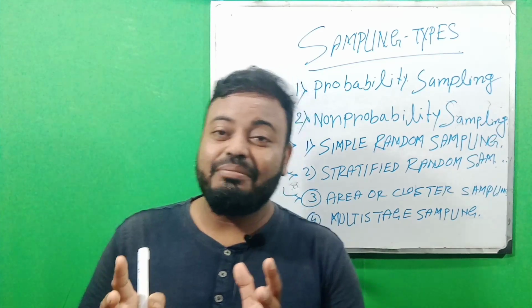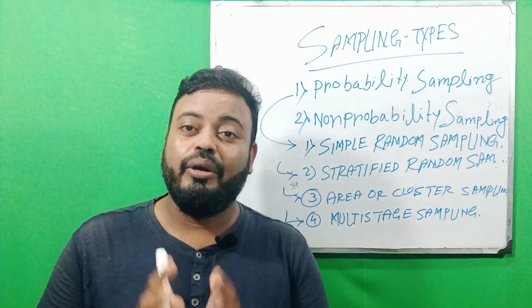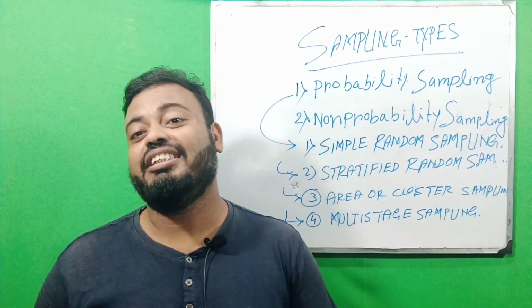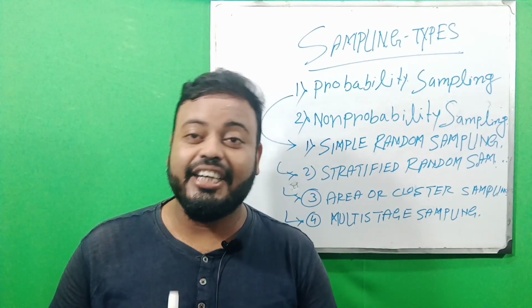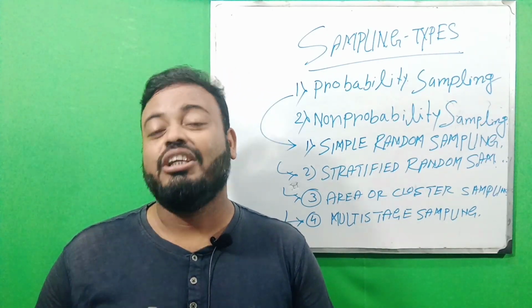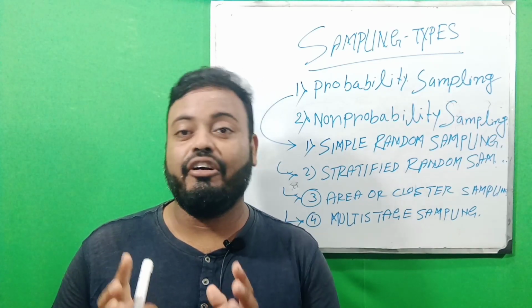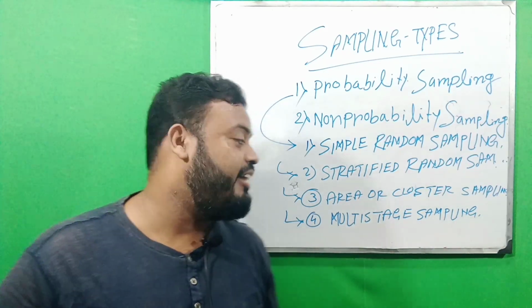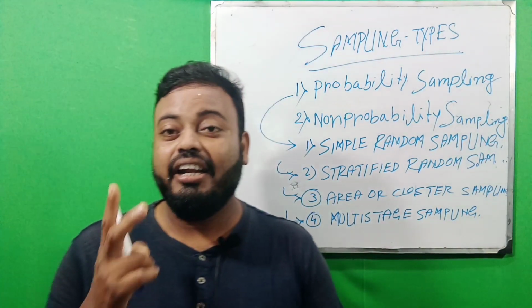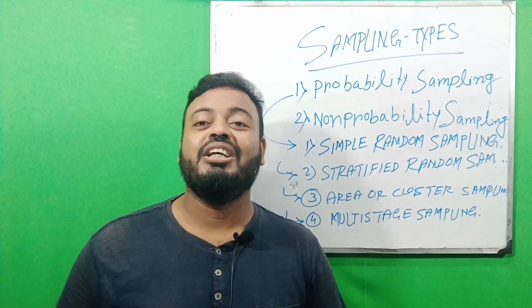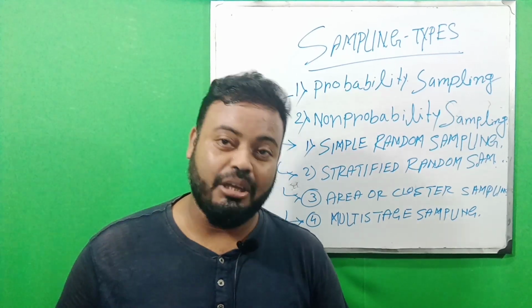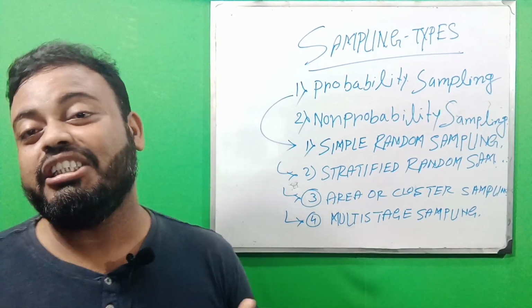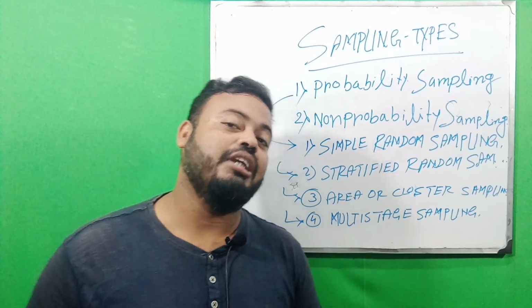So this is the strata. The researcher must be aware of this while collecting data. This stratified sampling is also categorized into two types: number one is proportionate stratified random sampling, and number two is disproportionate stratified random sampling.